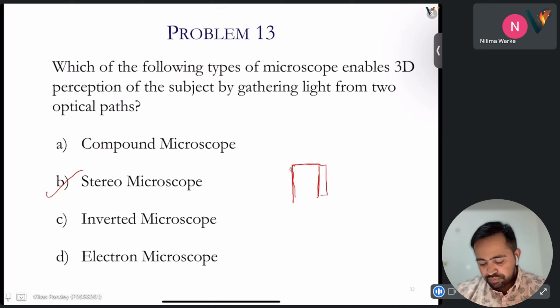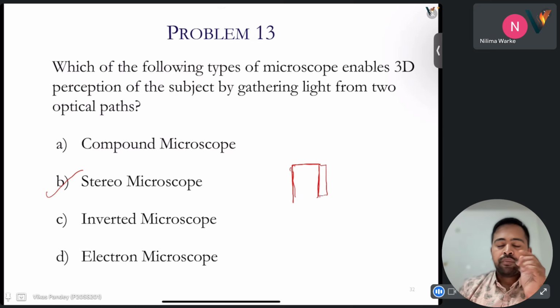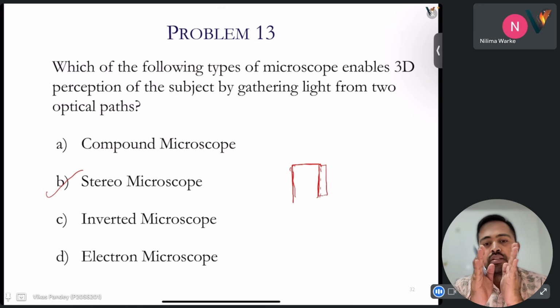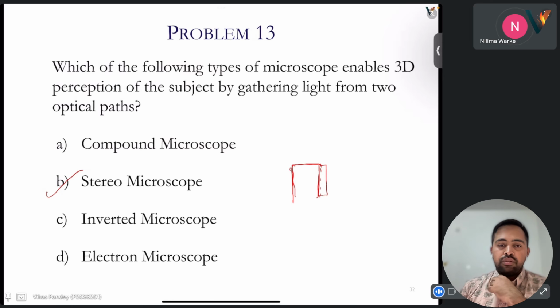If you are seeing with just one, you will not be able to make out that there is a step kind of structure. But using a stereo microscope, we can see the ups and downs. That is the reason we use a stereo microscope.